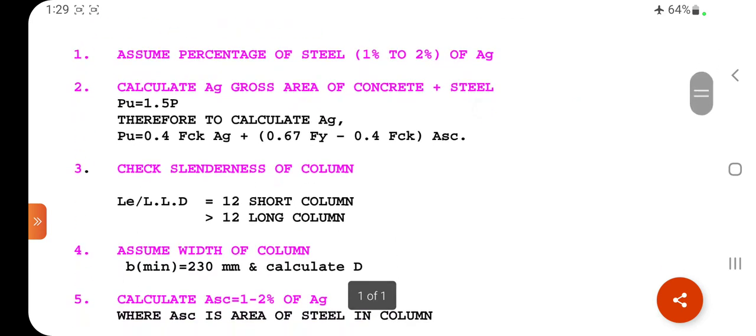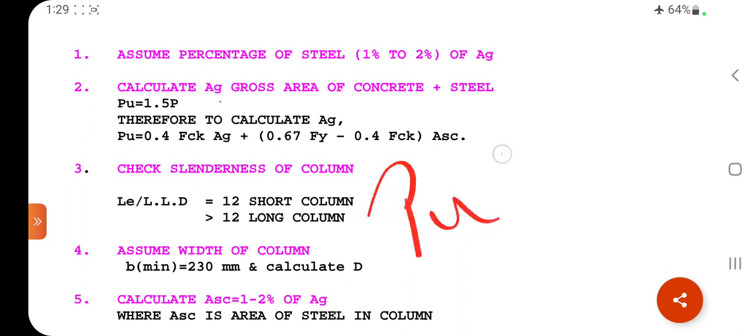Then we calculate the gross area. Ag is equal to 1.5 times the P. Pu is equal to 0.4 fck into Ag plus 0.67 fy minus 0.45 fck into Asc.